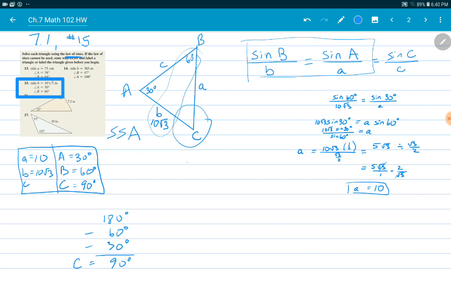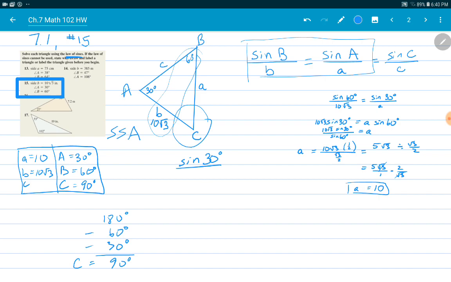Actually, I'm going to use sine of 30 because I like how it gives me that 1/2 and I don't have any radicals.